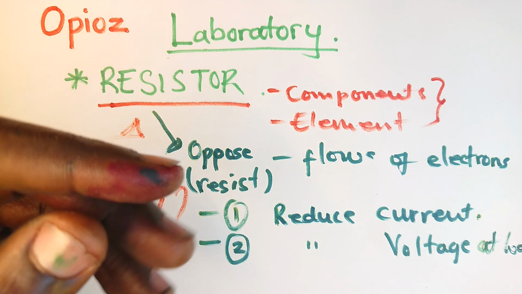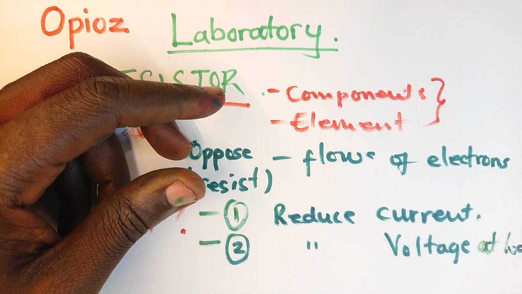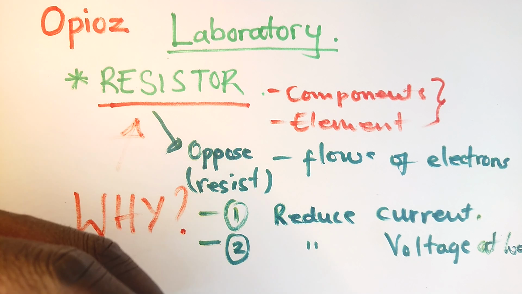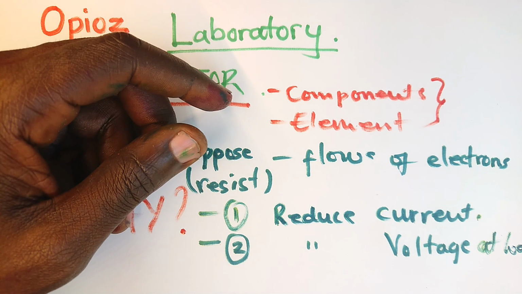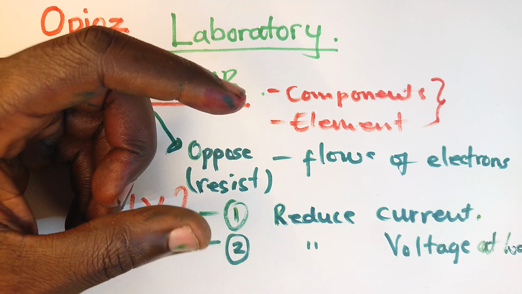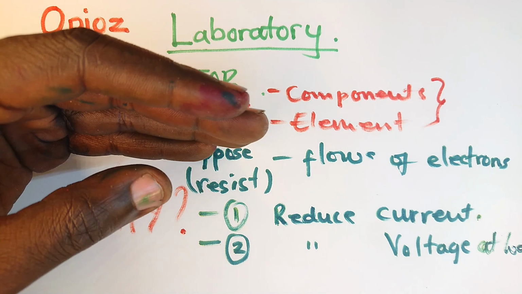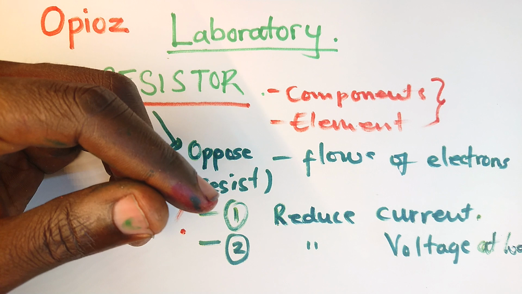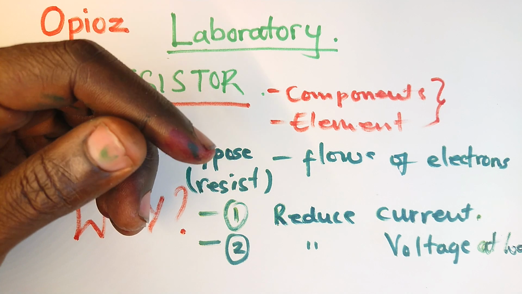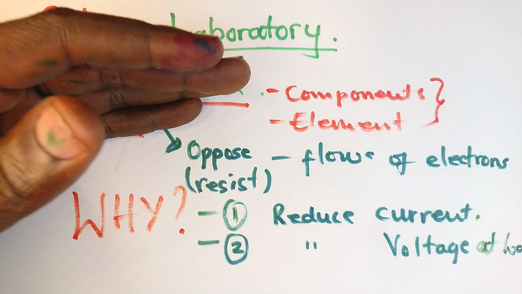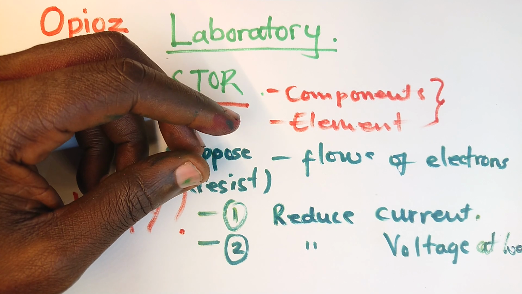Or now when you looked at those batteries that we used, they were made out of dry cells, and dry cells normally deliver very little current compared to rechargeable cells, the lithium ion batteries, which deliver very much current. So at times, if you want the voltage to be the same but reduce the amount of current coming out, you would use a resistor to do that.